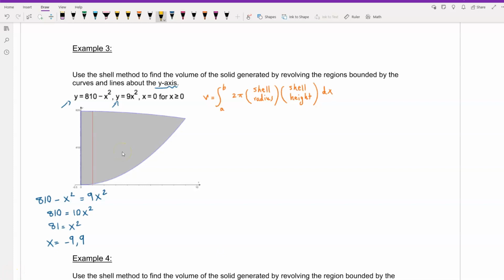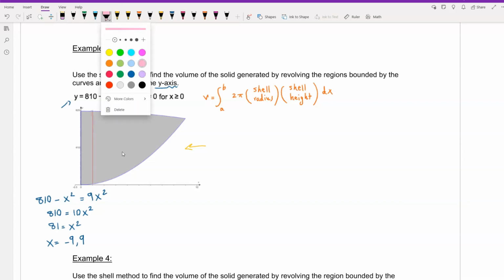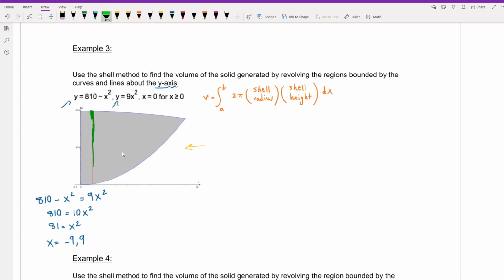Here on this part we have a graph of the region determined by the given curves and line. We have to draw a line segment across the region parallel to the axis of revolution. In this case, this one was revolving about the y-axis, so I draw this vertical line.